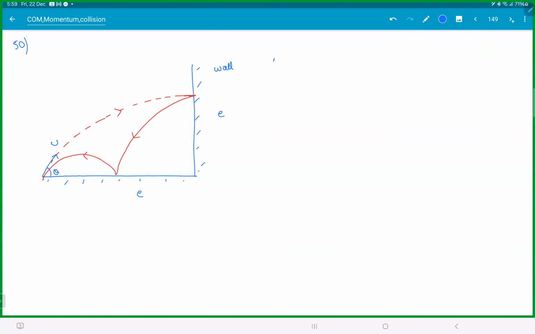So a ball hits the wall at H max, falls on the floor, and bounces back to the point of projection.